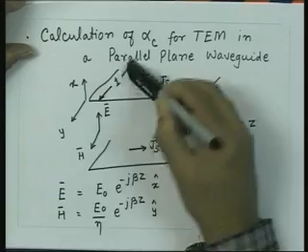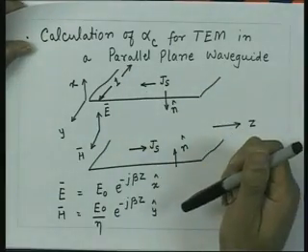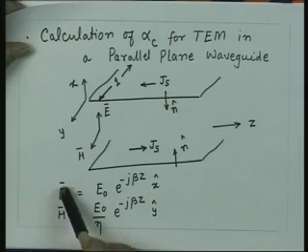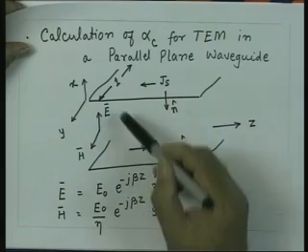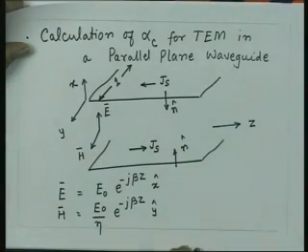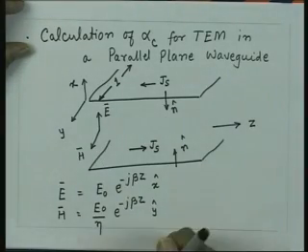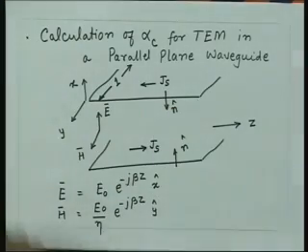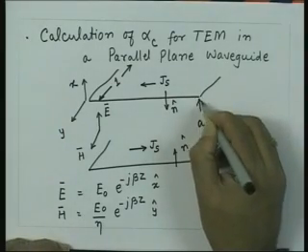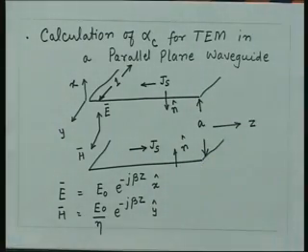So, for unit width of this waveguide, the power carried by the waveguide per unit width will be simply half E cross H conjugate integrated over the cross section, which is having a height A, and width of the waveguide which is equal to unity. So, let us say I have the height of this waveguide which is given as A, then the power carried by the waveguide per unit width.